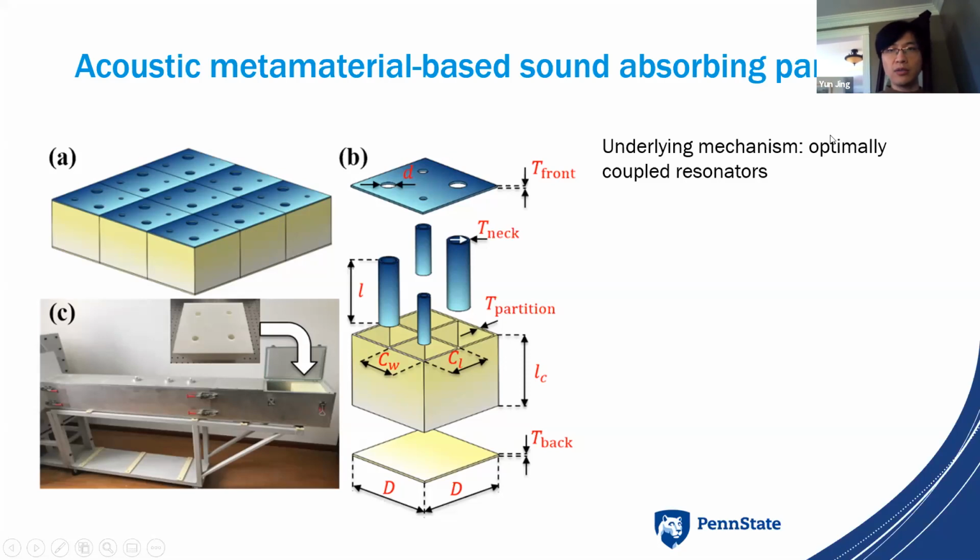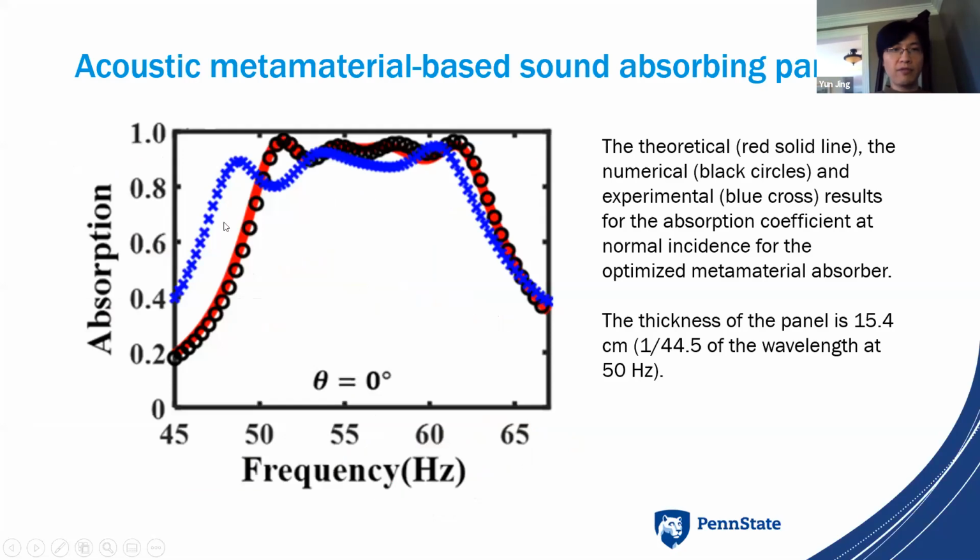The underlying mechanism, put simply, is based on optimally coupled acoustic resonators. Here the blue curve is the measurement, the red one is the theoretical result, and the black circles are from numerical modeling. We use COMSOL here.